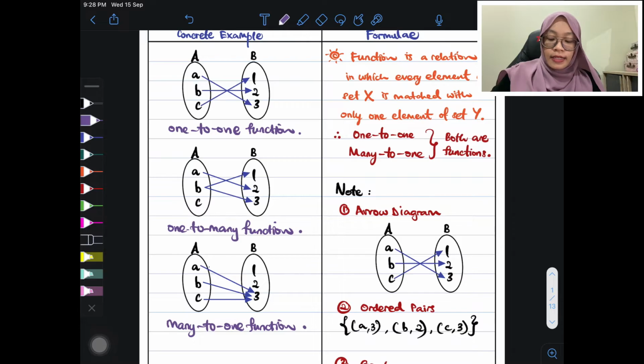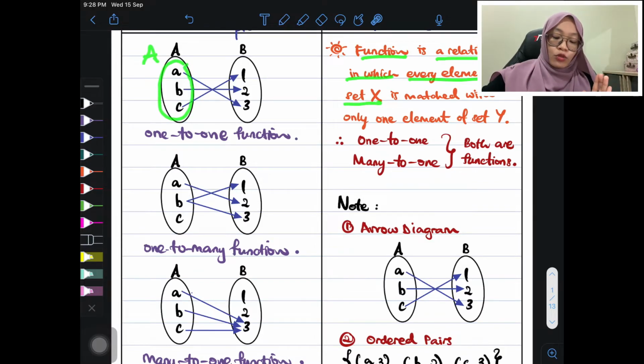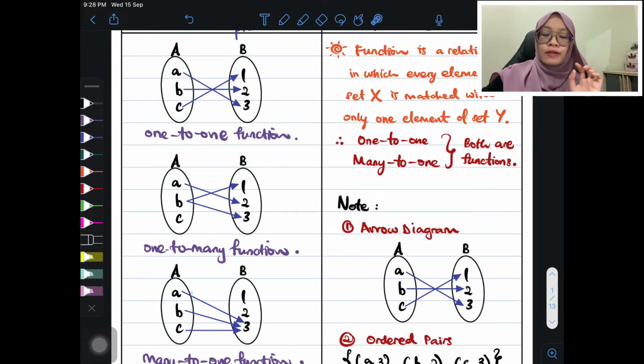Persoalannya, di antara tiga function di sini, mana satukah yang betul-betul dipanggil sebagai function? So, you gotta read the definition again. Let's read. Function is a relation in which every element of set X, every element of set A lah contohnya, kita tengah bercakap tentang set A dekat sini, is matched with only one element of set B. Saya sebut set B lah sebab saya tengah guna contoh B. So now dia kata dekat set B tu mesti hanya ada one element sahaja.